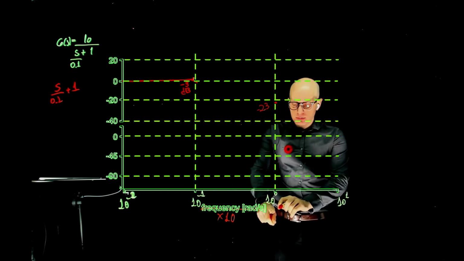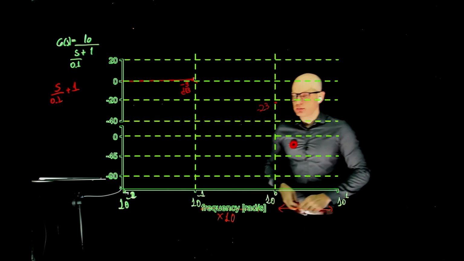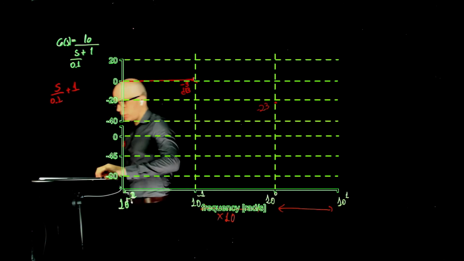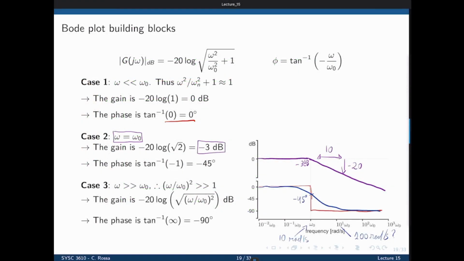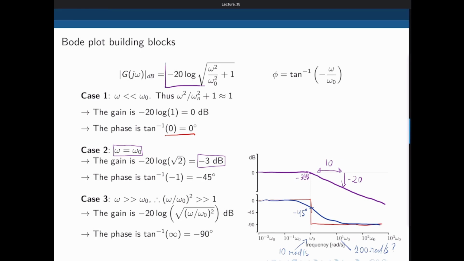I was going to ask if you could explain the negative 3 decibels at the cutoff, what that means. Yeah. So this comes from here. At the cutoff frequency, omega and omega 0 are the same.